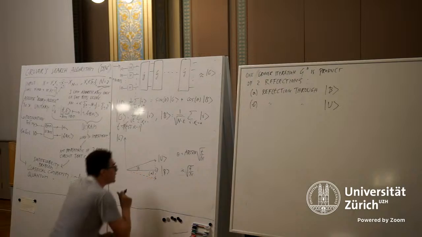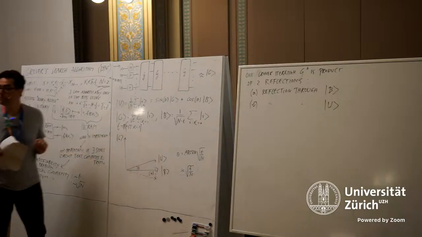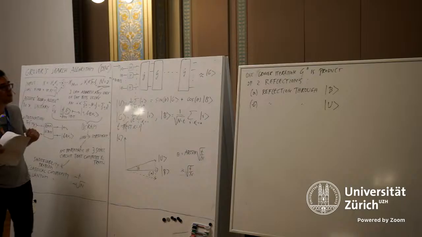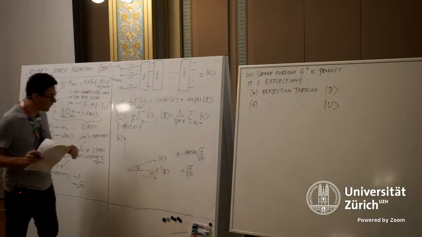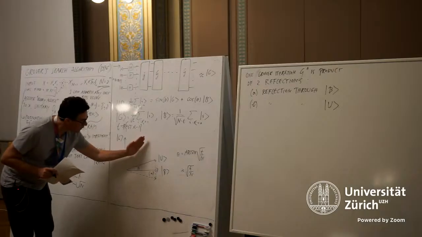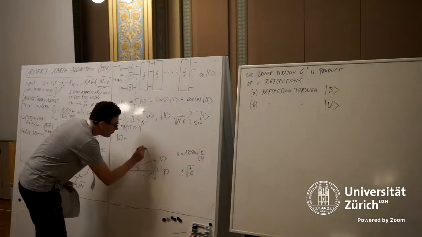We are now here. It pushes the same thing below the horizontal axis. And then you do a reflection through the uniform state. It means that this state here goes like this. So this is the effect of reflection B.